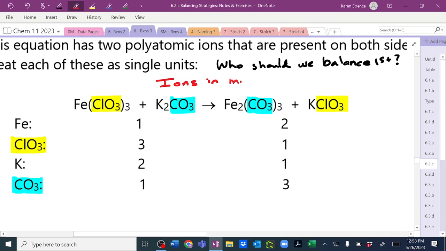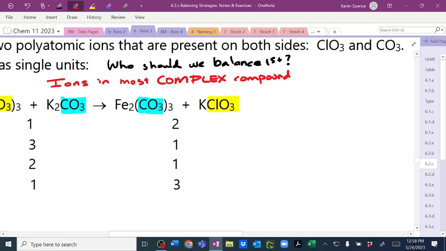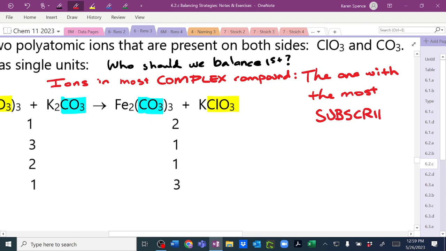The most complex compound. Who is the most complex compound? The one with the most subscripts. Who has the most subscripts?